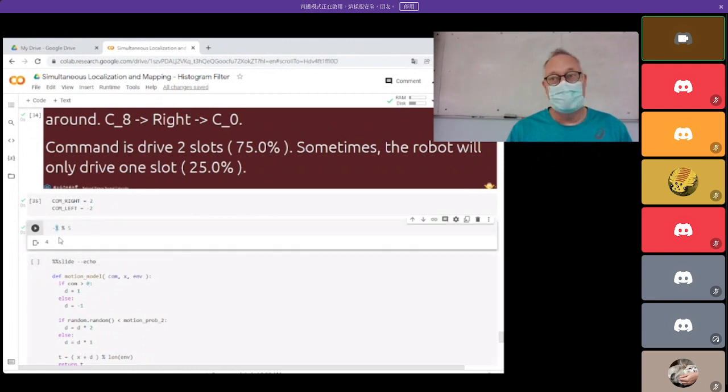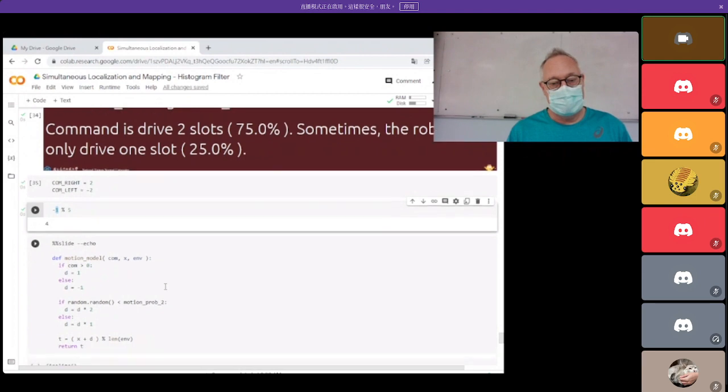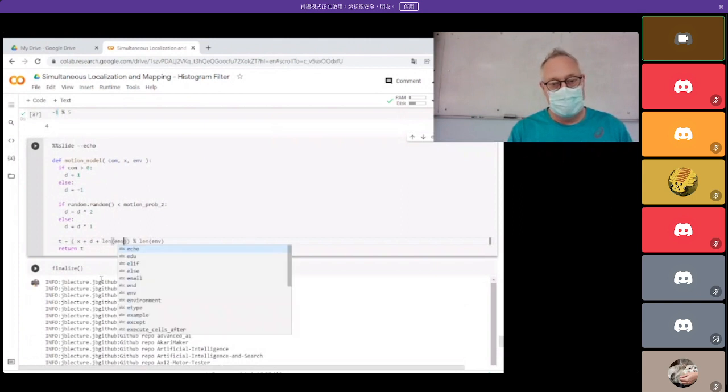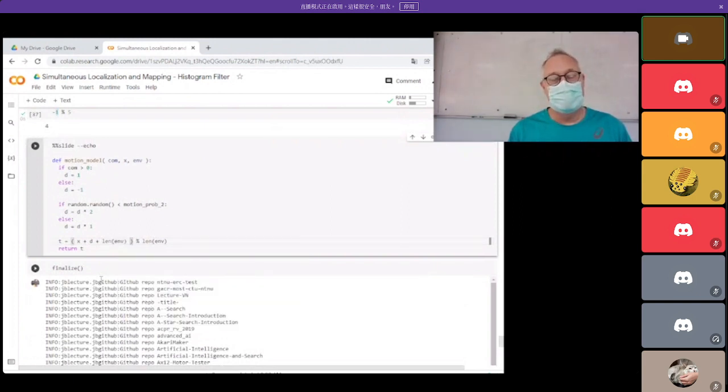For Python, it works. In Java, the early version of Java at least, I remember, gave you a negative number, which meant that you would have to change this to x plus d plus the length of the environment, because then, assuming that d is less than the length of the environment, you're guaranteed to have a positive number.